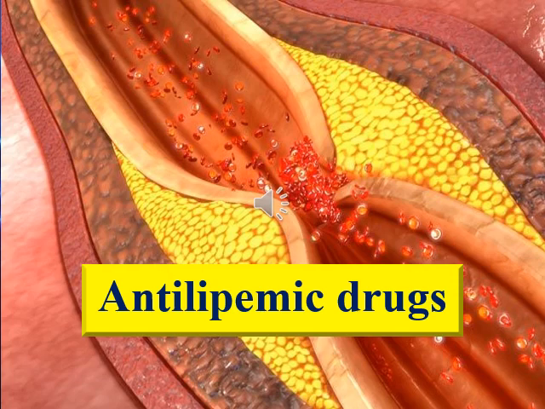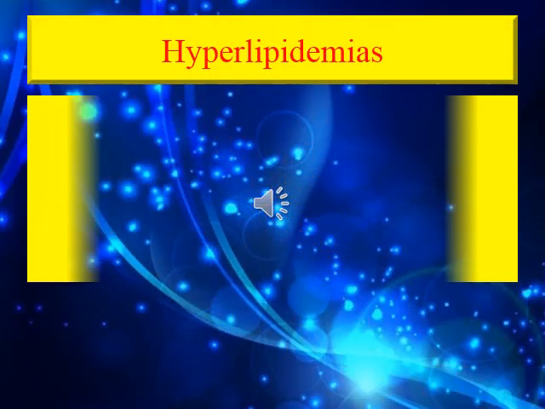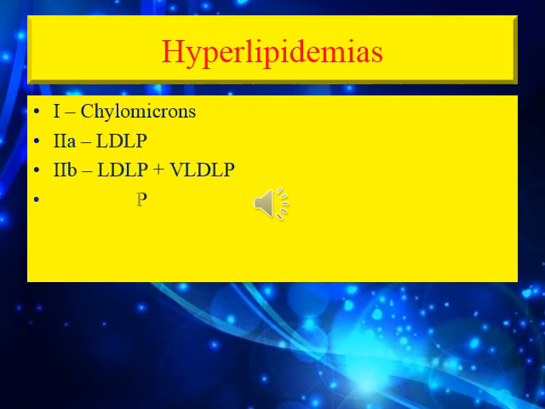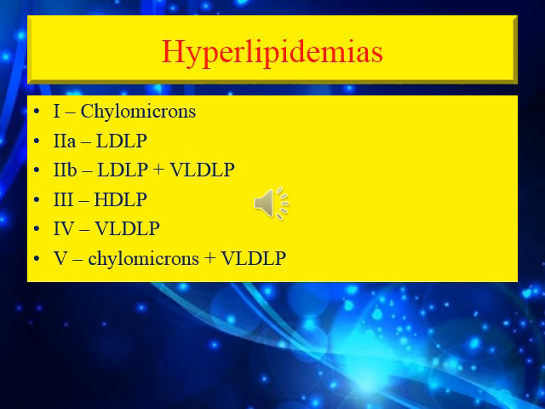Let's talk about antilipemic drugs. There are 5 types of hyperlipidemias. First type is characterized by increased level of chylomicrons. Second A, increased level of low-density lipoproteins.